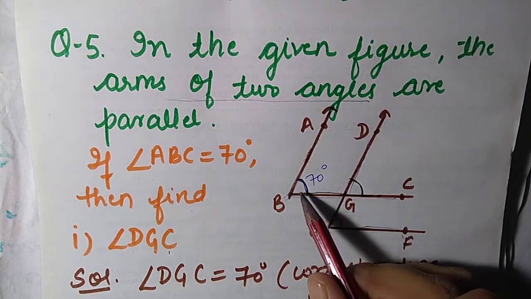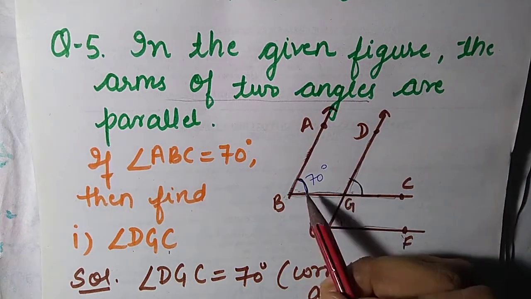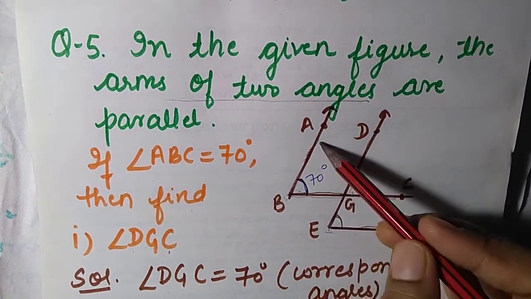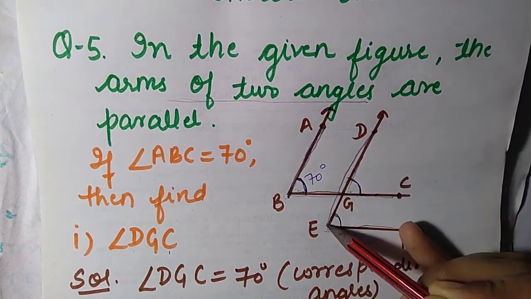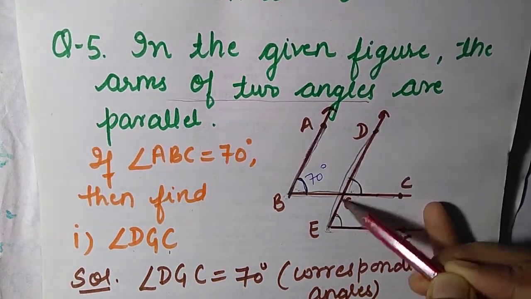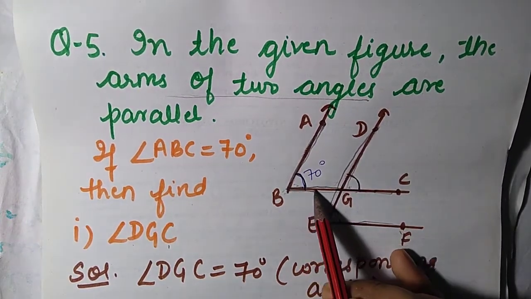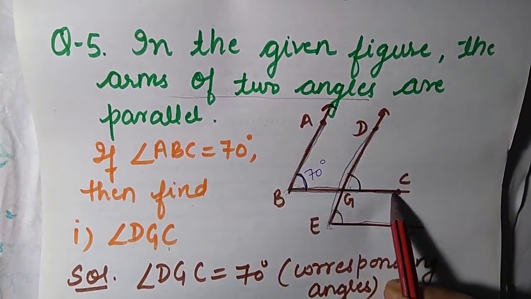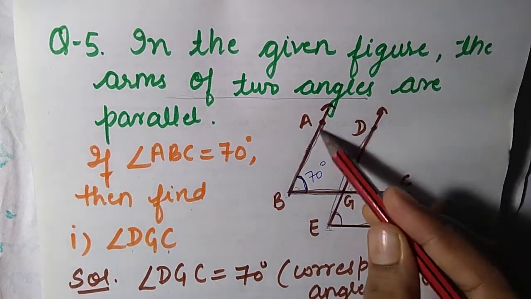As we know, these are two corresponding angles because they are at matching position. If I am taking these two parallel lines AB and DG, or you can say DE, these are the two parallel lines, and I am taking this as transversal because this transversal is intersecting these two lines.